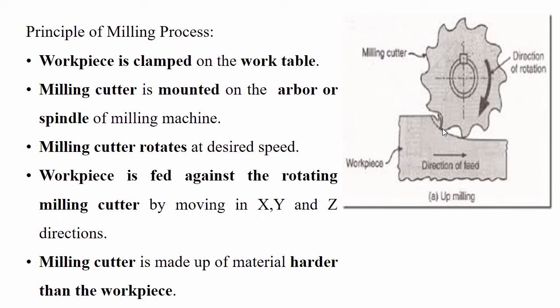Then this tooth will keep on rotating till again it comes in contact with the workpiece. If you consider this tooth as a point of cut, till the tooth is in contact with the workpiece, it is going to remove the material.